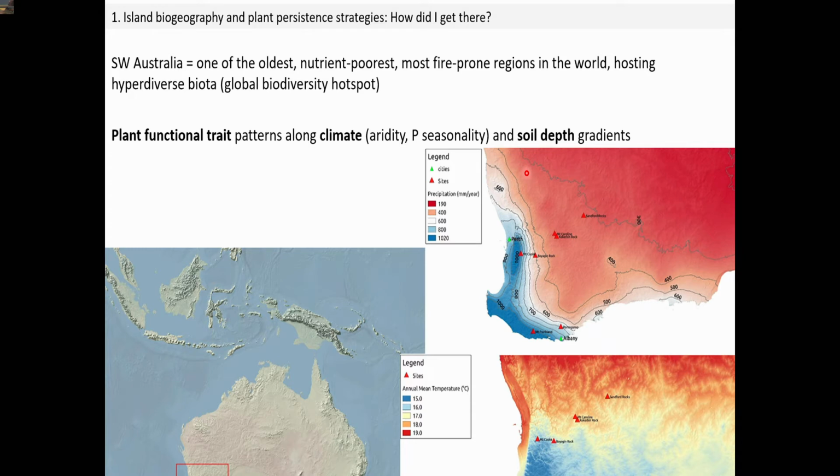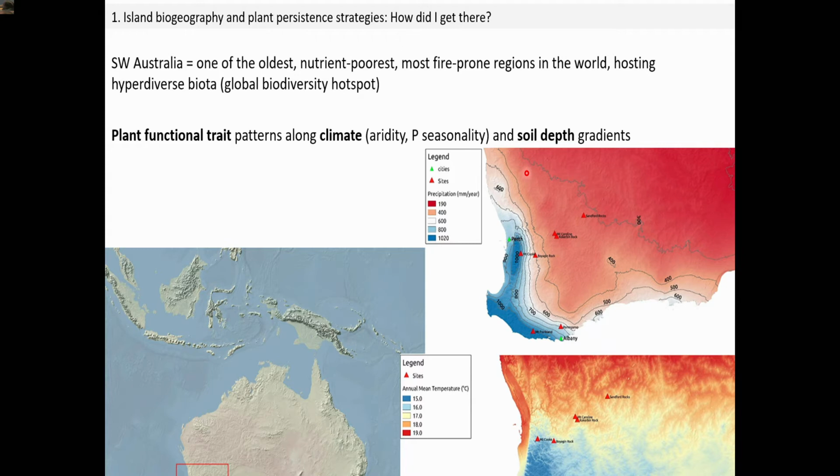A few hints into the biogeography, ecology and evolutionary aspects of Southwestern Australia: it's one of the oldest, nutrient-poorest and most fire-prone regions in the world. But it also hosts one of the global biodiversity hotspots, because it contains more than 1,500 endemic species, and the Southwestern Australia floristic region is pretty much in this part.